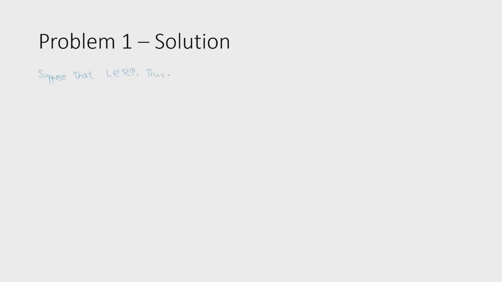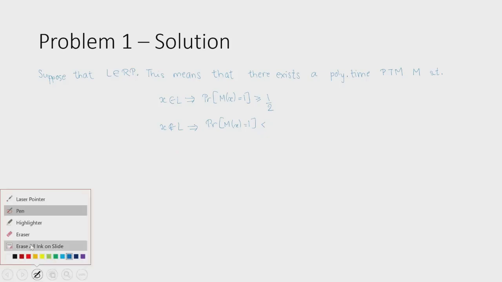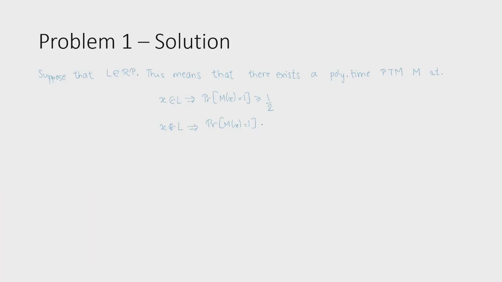This means that there exists a polytime probabilistic Turing machine M such that X in L implies the probability that M(X) equals 1 is at least half, and X not in L implies the probability that M(X) equals 1 is 0.